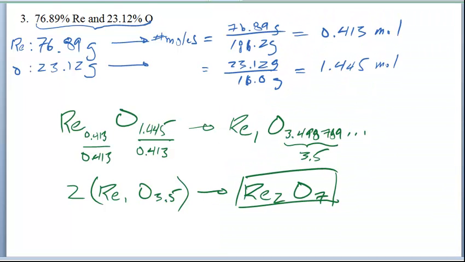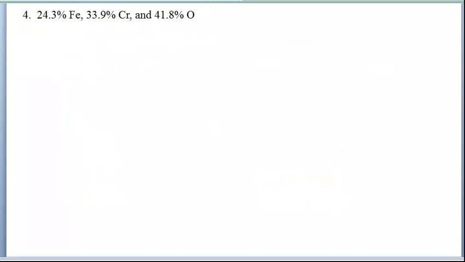Okay, let me just put this up here so I can keep track of my time. All right, number 4, moving ahead. Number 4 is very similar to the last problem, and what I'm going to do here is just present the result. So what you should get is iron 2, chromium 3, oxygen 12.